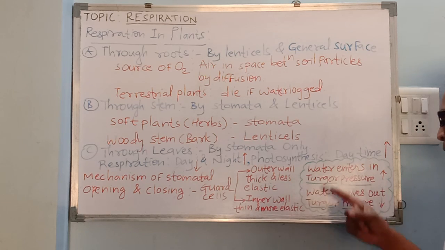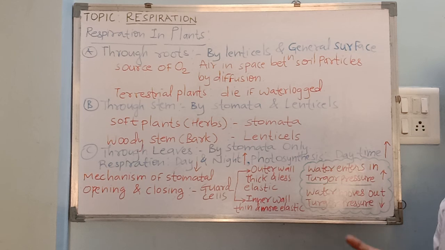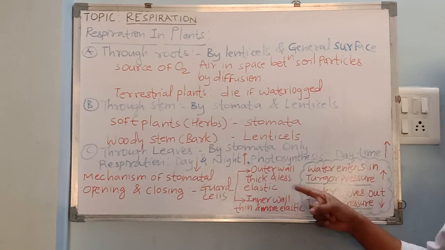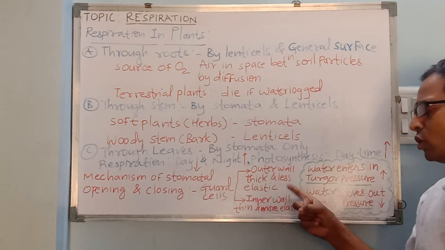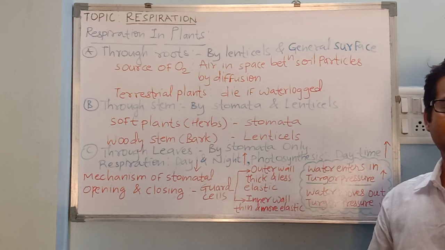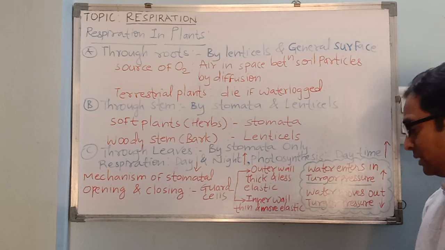So remember that when water from surrounding cells enters inside the guard cells, turgor pressure increases, and this increase in turgor pressure causes these walls to stretch, and stretching of these walls results in opening of the stomata. And the reverse of the same occurs when water from guard cells moves out, exosmosis.